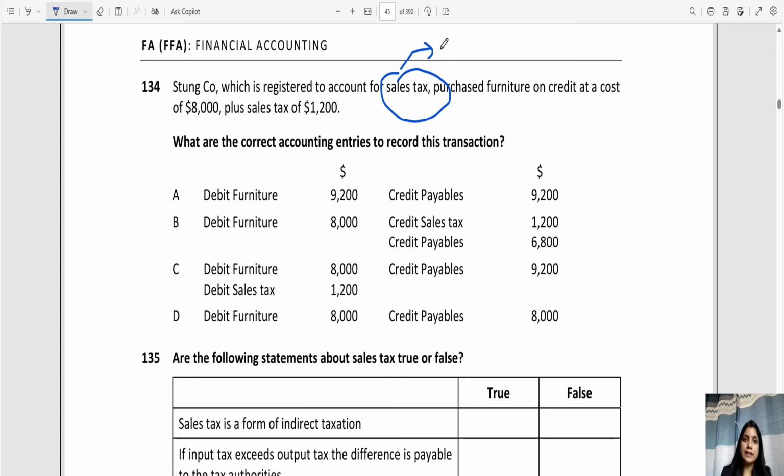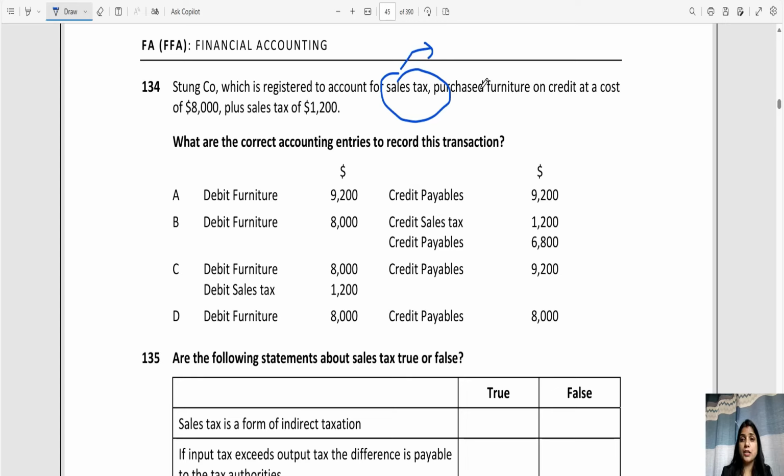In case of a purchase, if I'm paying the sales tax, that means I can reclaim that tax from HMRC, even though the word sales tax has been used for the purchase as well. So that means it's receivable. You need to identify whether the sales tax that we are receiving or paying is related to sales or purchases. Let's move further to read this question.